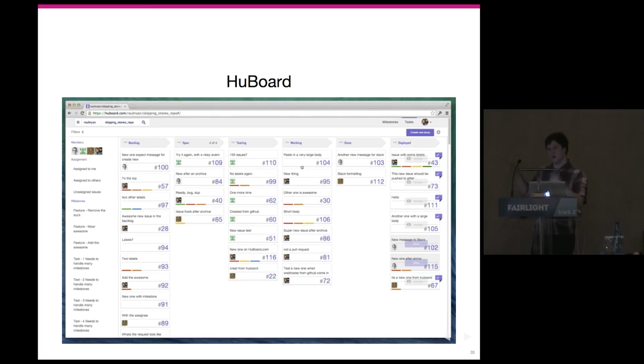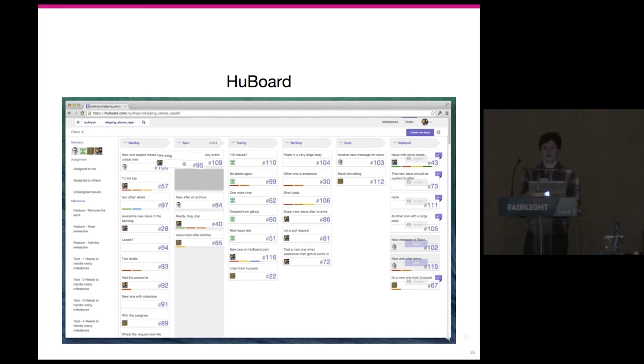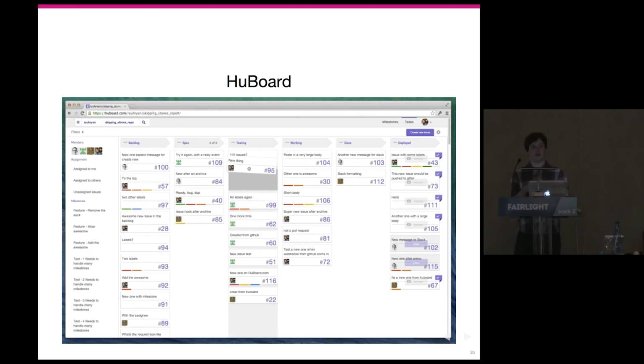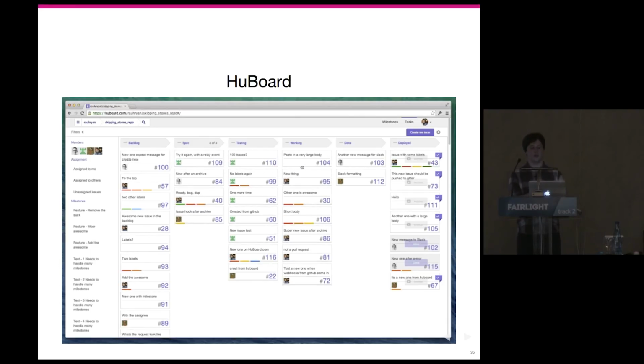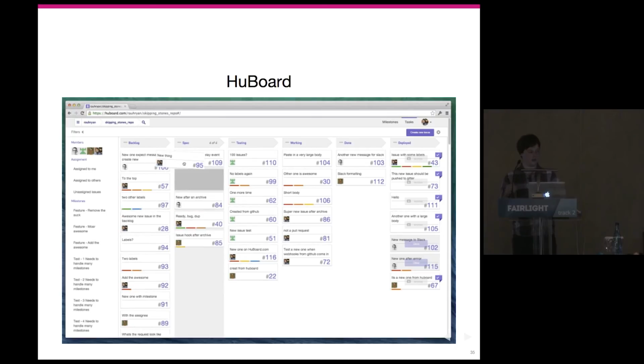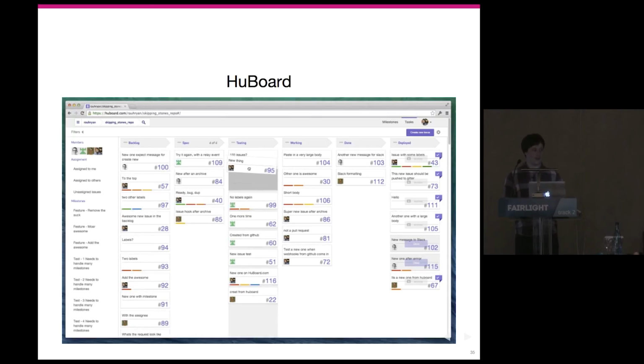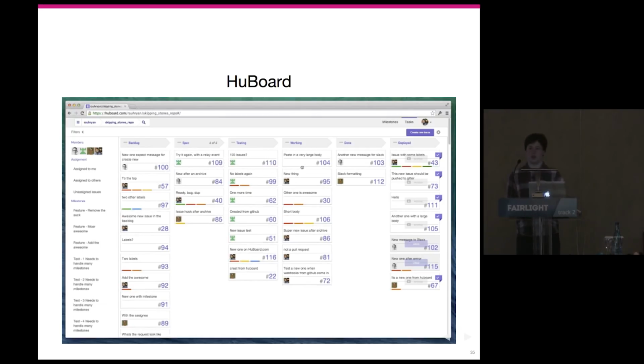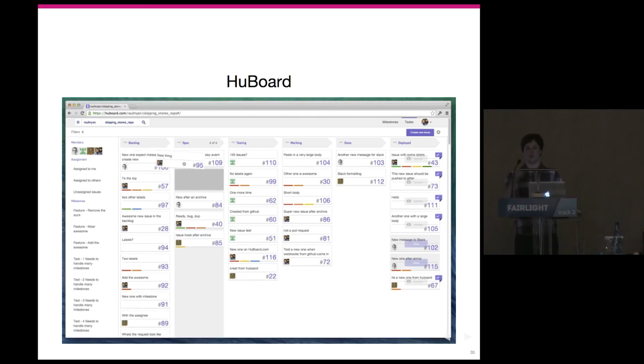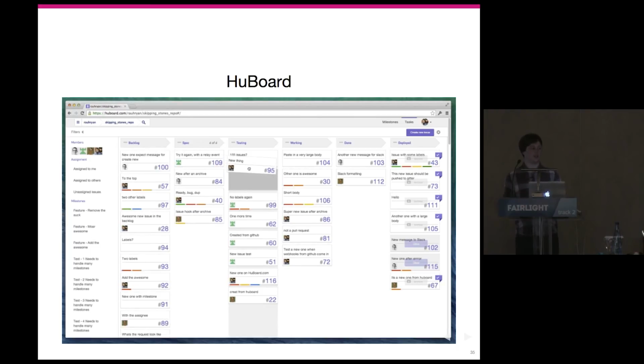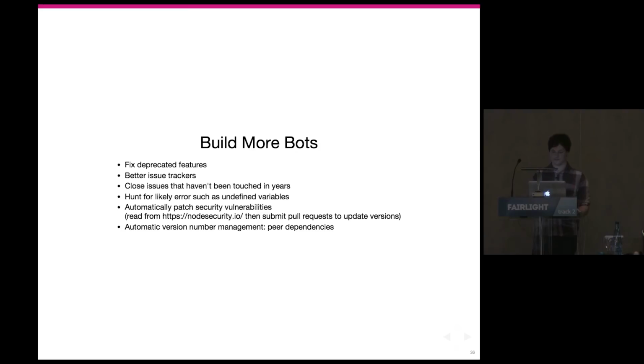And this is storing all of the information in GitHub. It's actually using the tags that you can assign to issues to determine which column the card should be in. And when you move a card from column to column, it's calling the GitHub API and changing the tags that are on that issue.